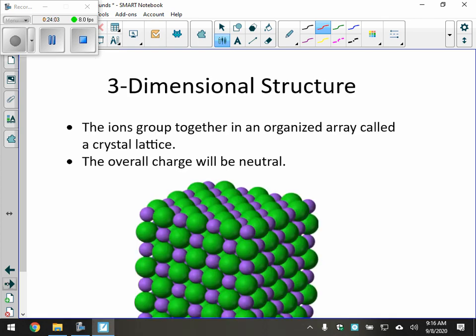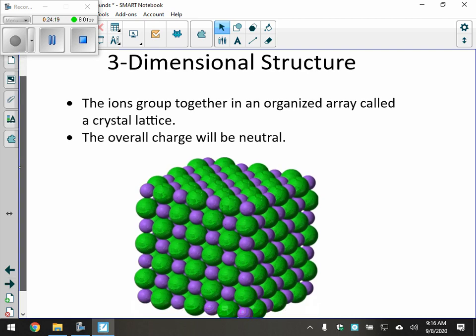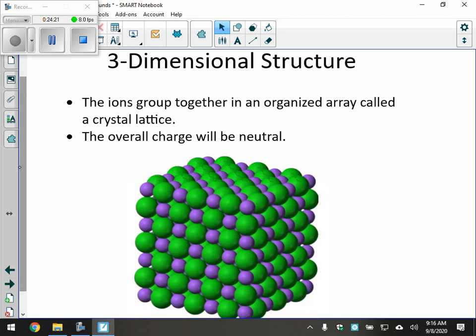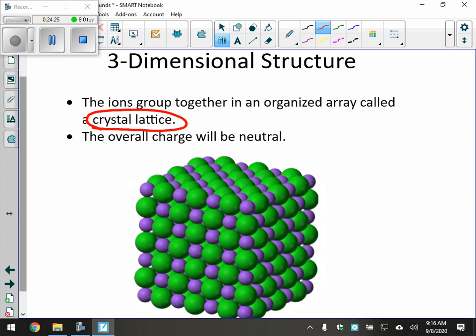Now, just a little thing that's a little bit important here is that when we talk about these ions combining together, we're not just talking about 1 or 2 oxygens or 2 lithiums or whatever the case might be. The ions group together in an organized array called the crystal lattice. Make sure you know that. Okay.